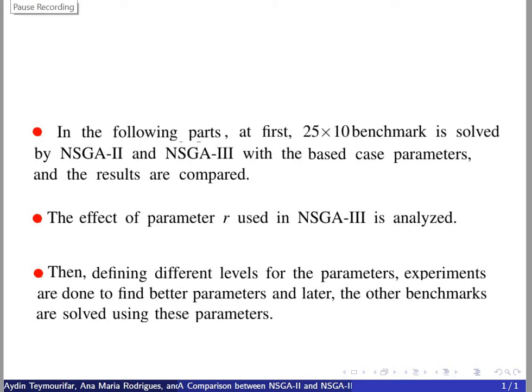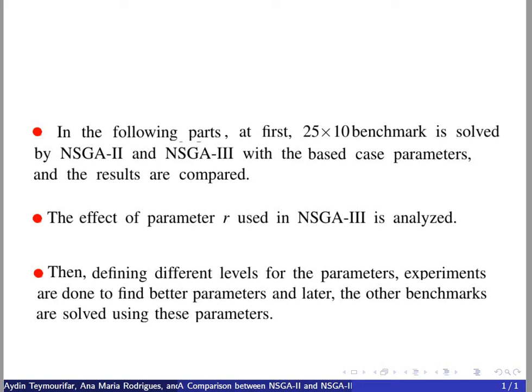As the first experiment and the first analysis, the effect of parameters used in NSGA-II and NSGA-III is analyzed. In the NSGA-III algorithm, there are some structured reference points in each dimension, so the number of intervals on each axis is equal to R, and this parameter is special to NSGA-III.